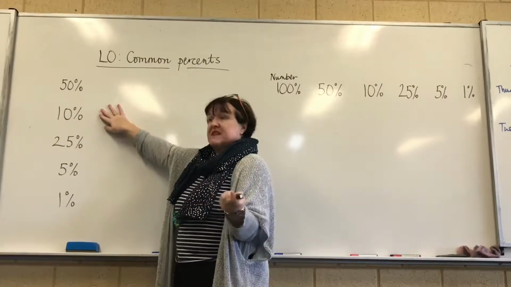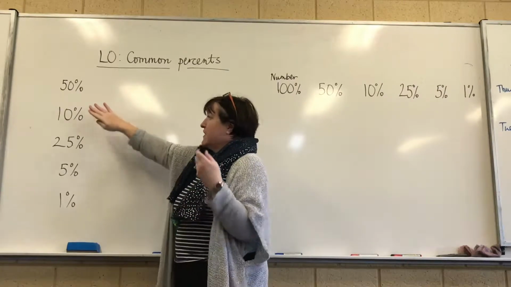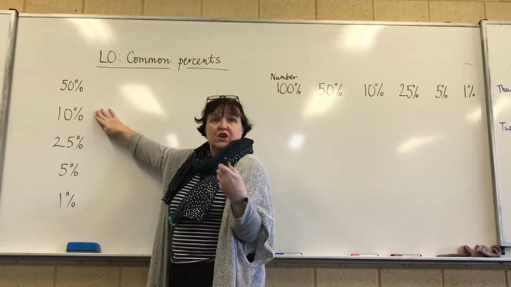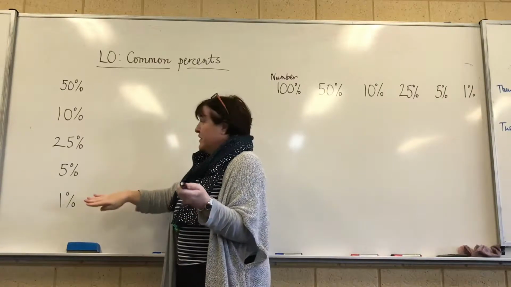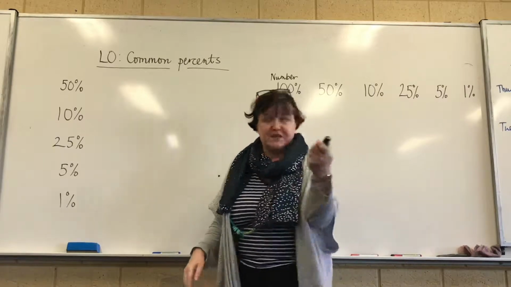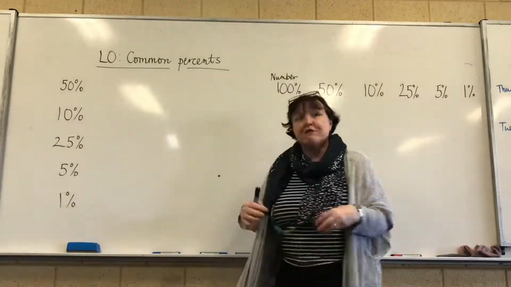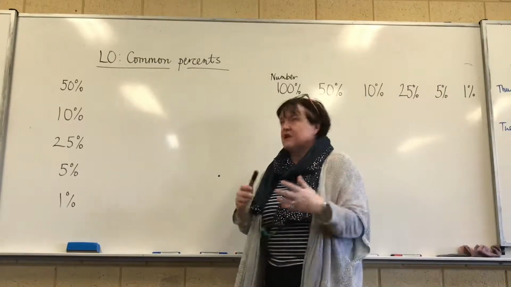If you can find 10%, you can triple it for 30%. If you can find 10%, you can halve it to find 5%. If you can find 1%, you could find 2%. What would you do with it? Absolutely. So you can find complicated percentages mentally, but you normally use the calculator.